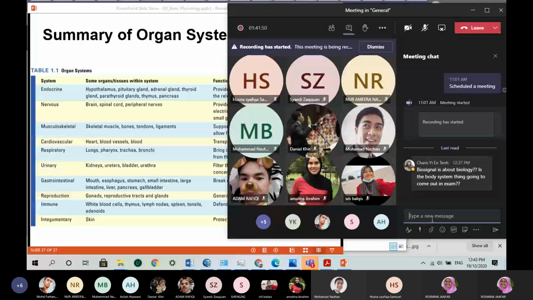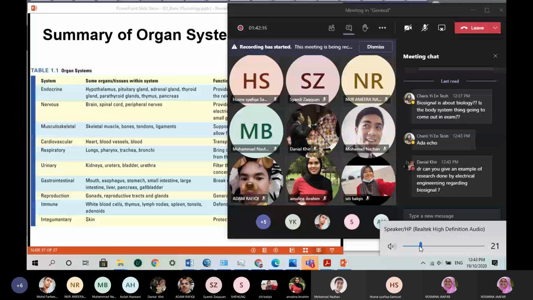Can you give an example of research done by electrical engineering regarding biosignals? Oh, banyak. Maybe yang paling obvious, ECG analysis, EEG analysis. ECG stands for electrocardiogram. It is the electrical signals of the heart.